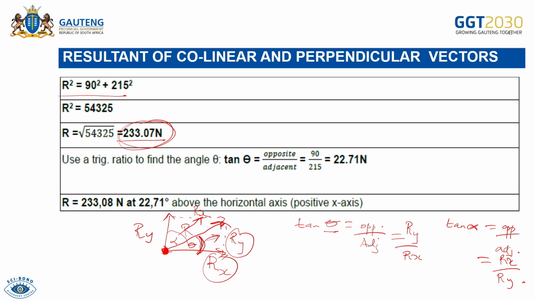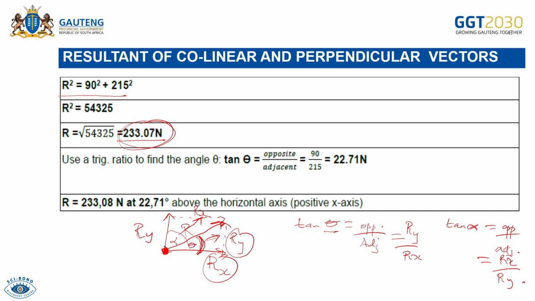But if they are saying to you, find the resultant of perpendicular vectors, right, by scale drawing. So immediately when they say by scale drawing, they will be specific to say whether you should use the tail-to-tail method or the tail-to-head method.